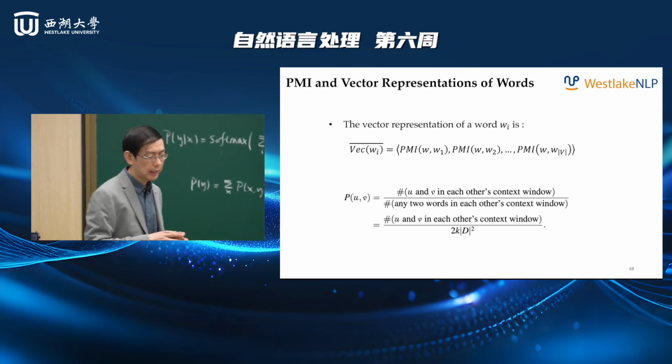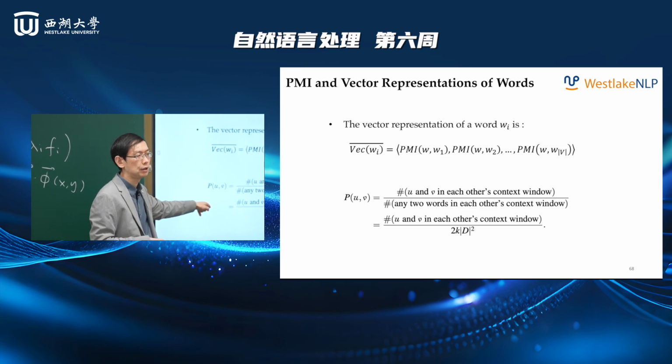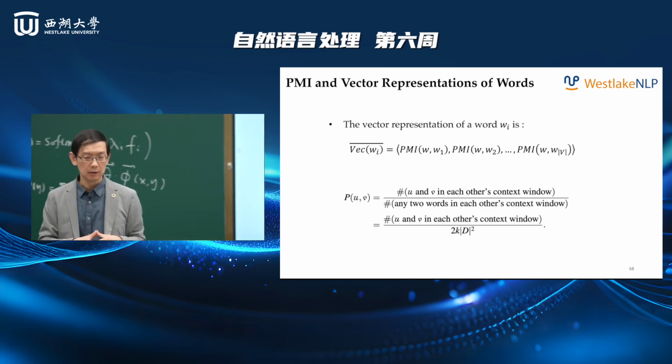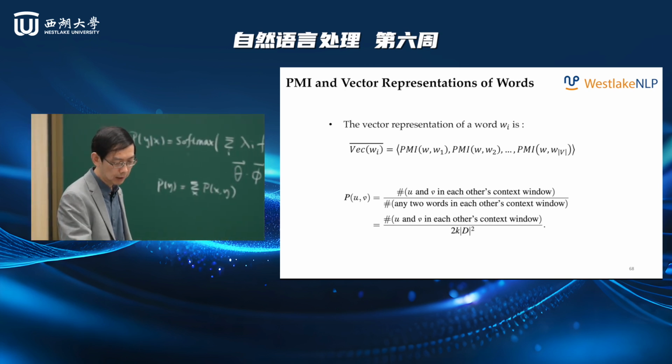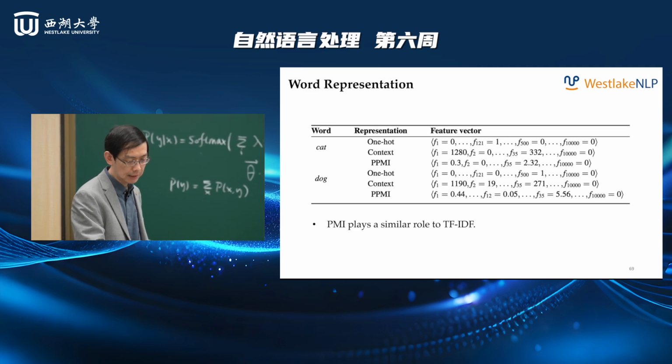Stop words have high values in the joint probability, but they also have high values in their own probabilities. So their relative value will be smaller in a PMI vector. And this is the result.